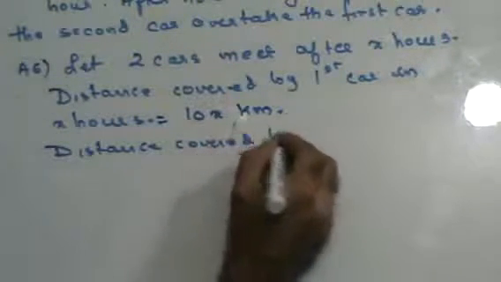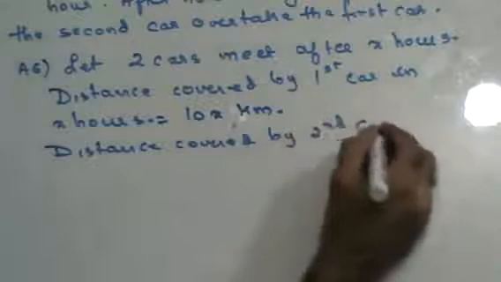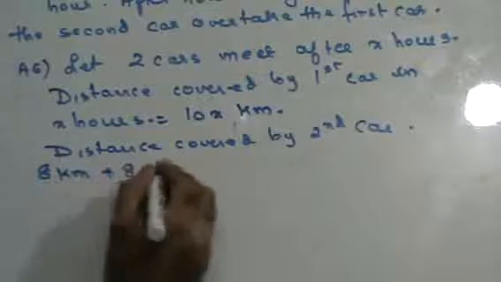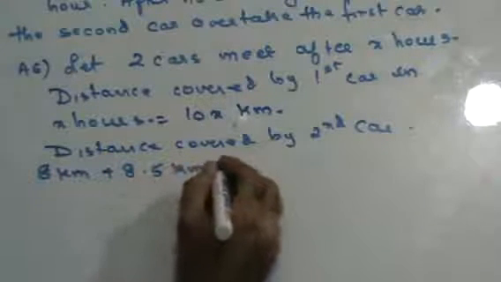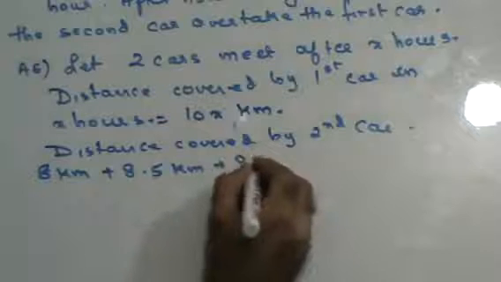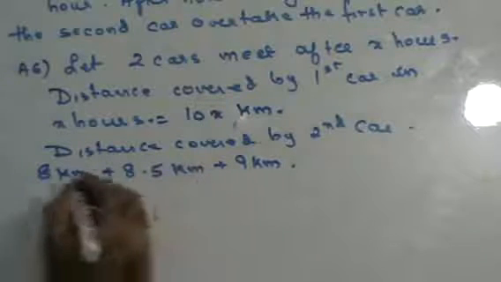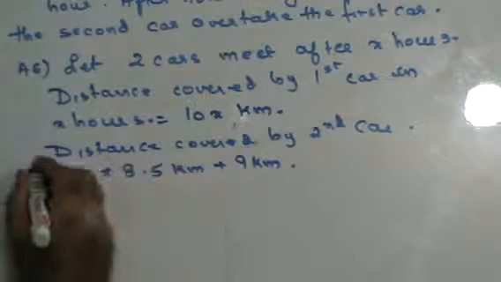It starts with 8 kilometers, then it goes at 8.5 kilometers, then it goes at 9 kilometers, and so on and so forth. It goes on increasing for X times.